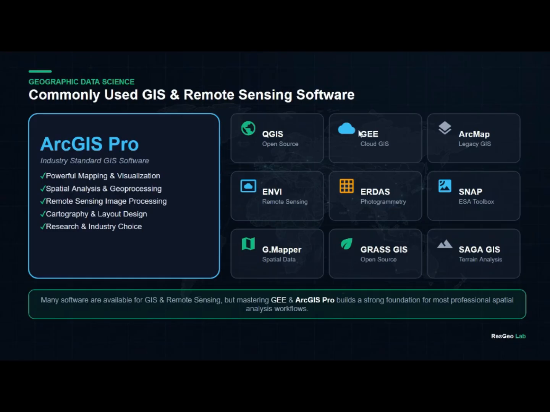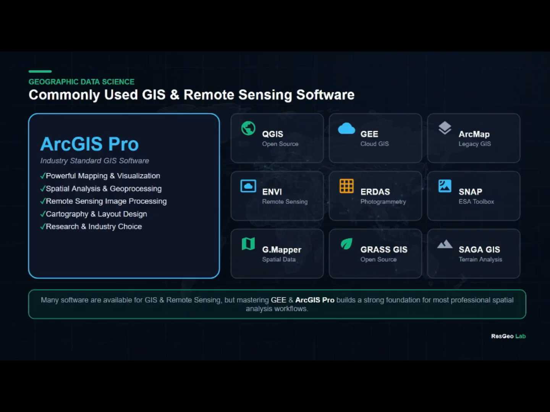After that, we will also discuss how we can design the final map in ArcGIS Pro. Google Earth Engine is very suitable and comfortable for analyzing any satellite image, and for map designing, it's obviously ArcGIS Pro.